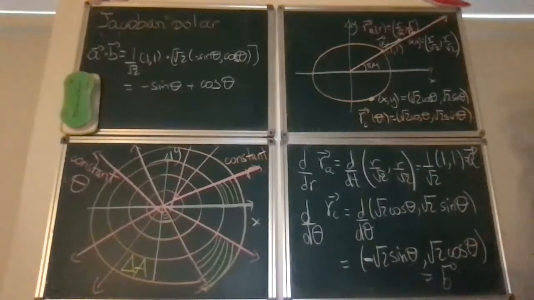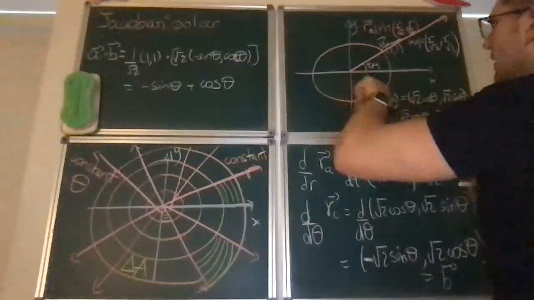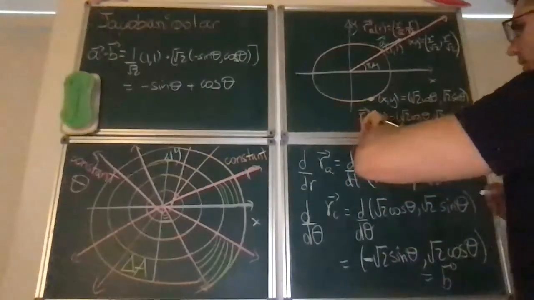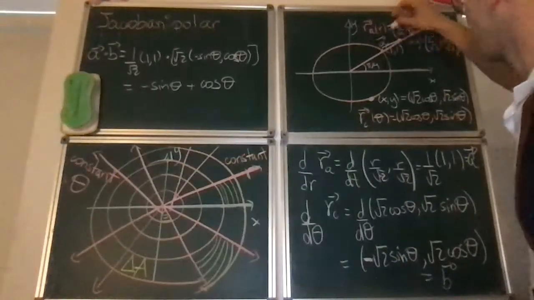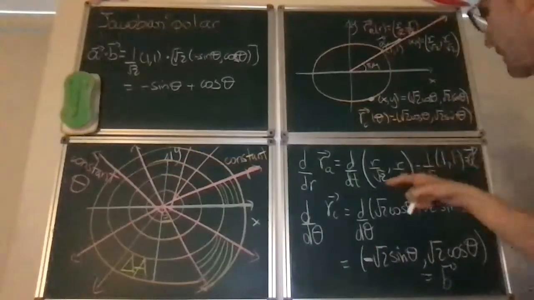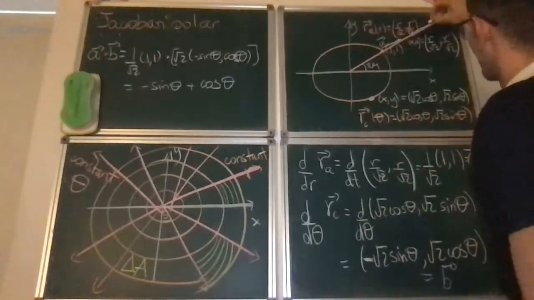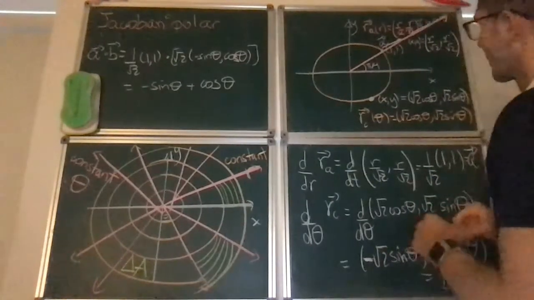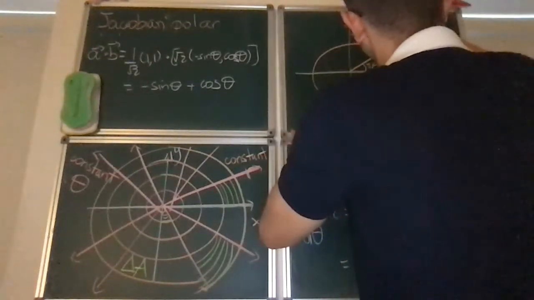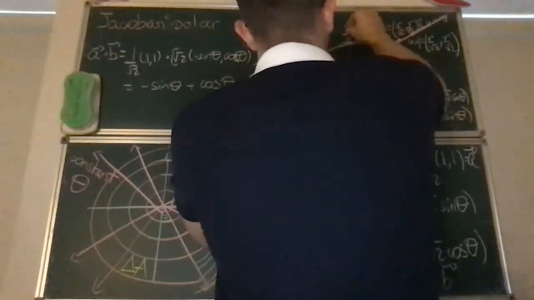But this formula depends on the angle, because I haven't drawn the vector yet. The vector A was the same along all these points on the ray. Okay, but the vector V is actually changing because it's supposed to be tangent.